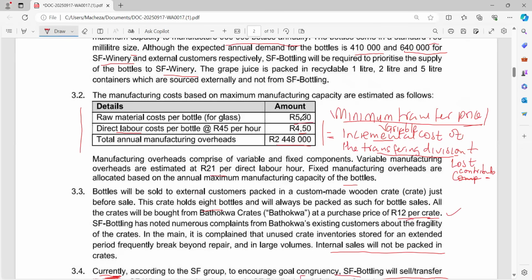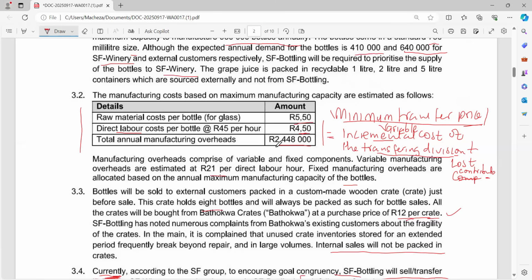Direct labor cost, which is R4.50. Am I correct? Yes, we take it as it is, because this is per unit. Then we also need the variable manufacturing overheads.